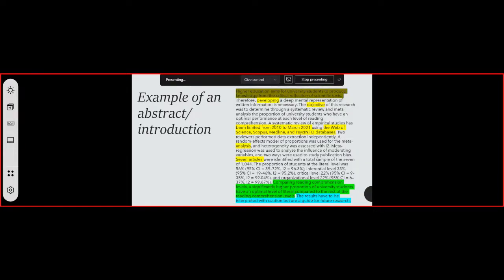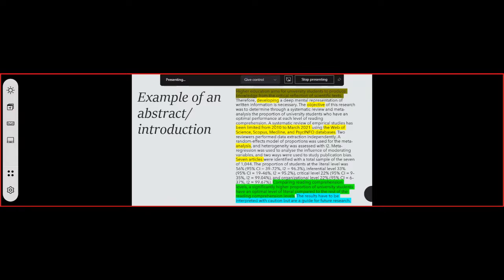I promise that I'll give you an example of an abstract and an introduction in a literature review study. So let us have a look. This is an abstract of a paper published of a systematic review, and let's just have a look at what they said within this abstract in terms of what we just said previously.